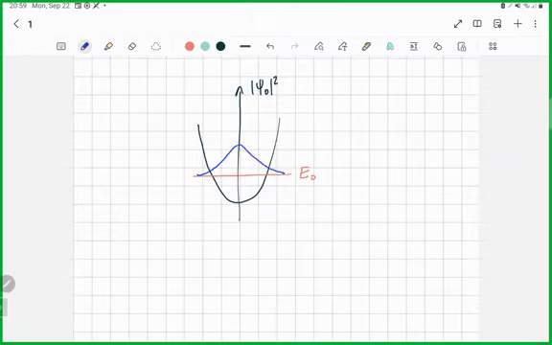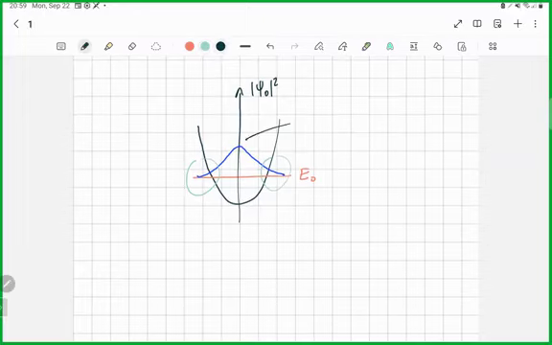What this is telling us is that there is a chance to find the particle beyond the classically allowed region. The highest probability is right at the center at position 0, just the opposite of what we have in classical mechanics.